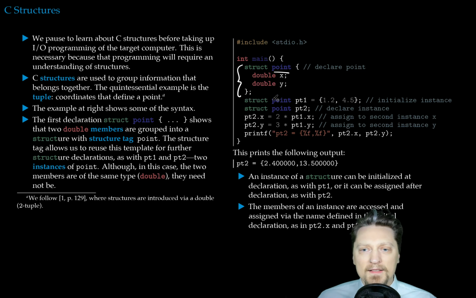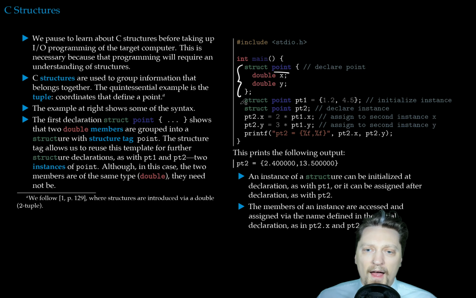In the next line, we initialize and declare pt1 to be a point struct, which we just declared above, and we give it an initial value of 1.2, 4.5. So we've initialized this point to have two doubles, x being 1.2 and y being 4.5.